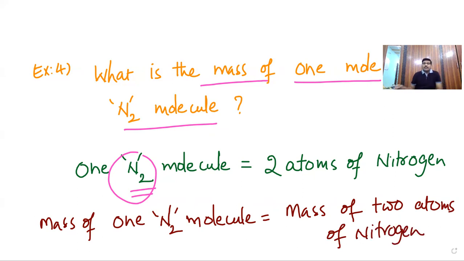Clear? Mass of 1 nitrogen molecule is equal to the mass of 2 atoms of nitrogen, because 1 molecule of nitrogen consists of 2 atoms. So the mass of 2 atoms of nitrogen is equal to the mass of 1 nitrogen molecule. Clear?